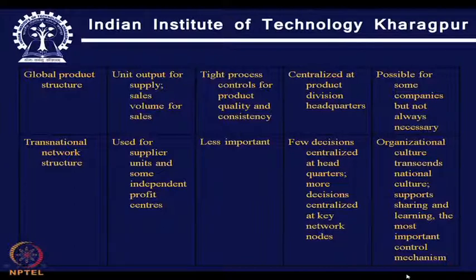In organizational control, organizational culture transcends national culture, which supports sharing and learning, and is the most important control mechanism. So, these are the four types of MNCs and the different factors associated with output control, bureaucratic control, decision making control and organizational control.